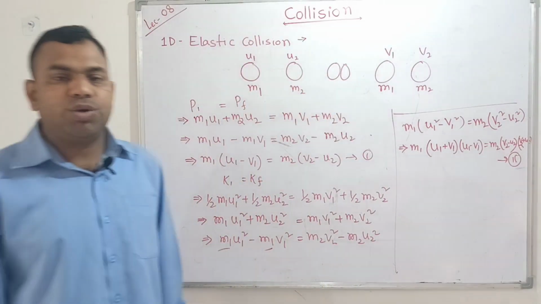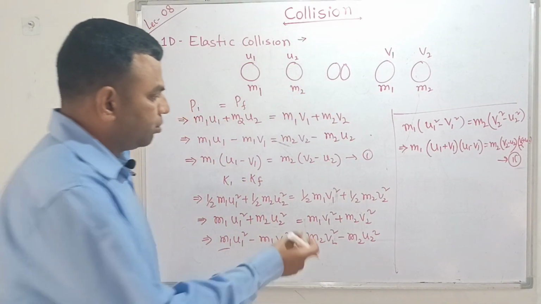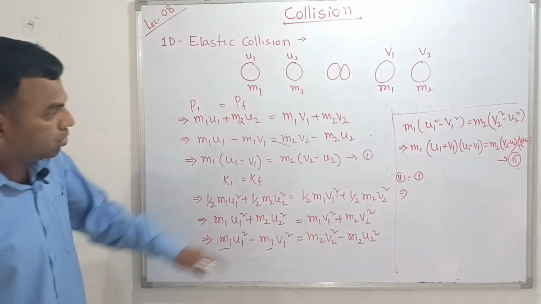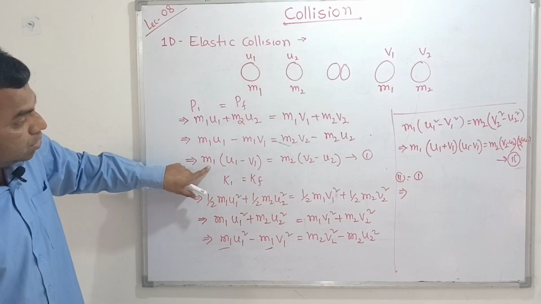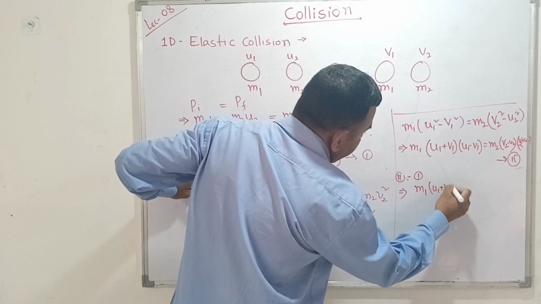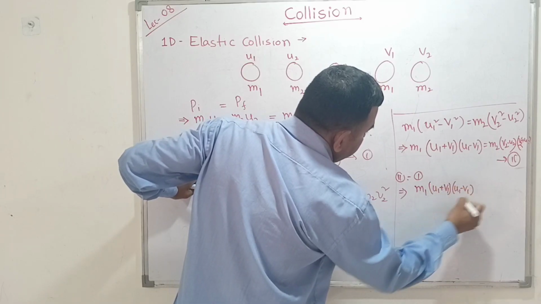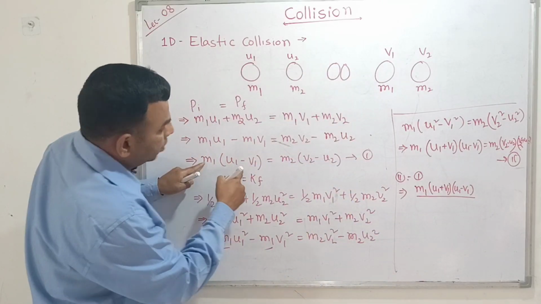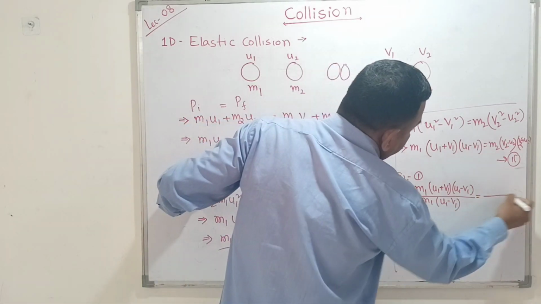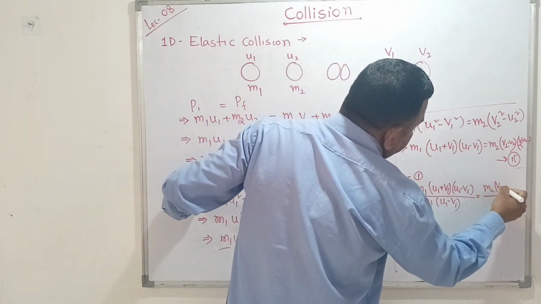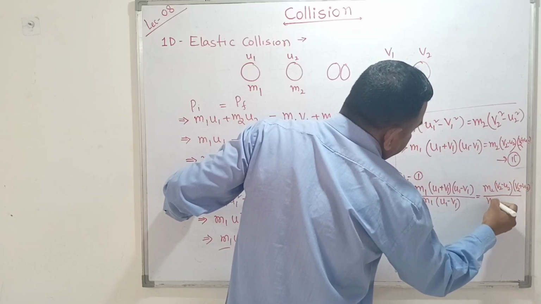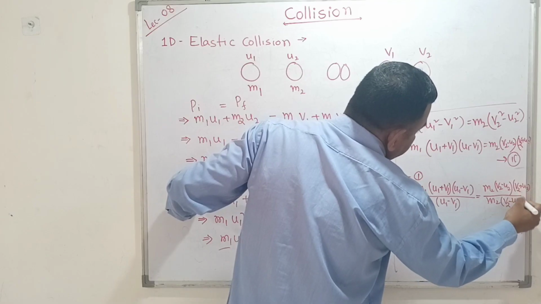If we divide equation number 2 by equation number 1, let's see what happens. On the left hand side, first let me write equation 2: m1 times u1 plus v1 into u1 minus v1, divided by m1 times u1 minus v1, and on the right side m2 times v2 minus u2 into v2 plus u2, divided by m2 times v2 minus u2.